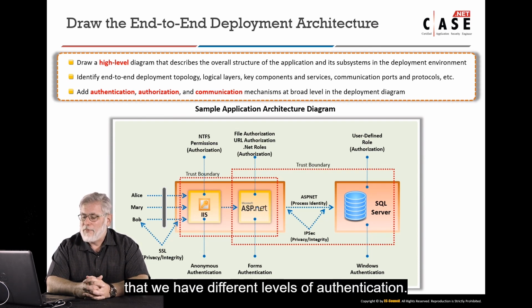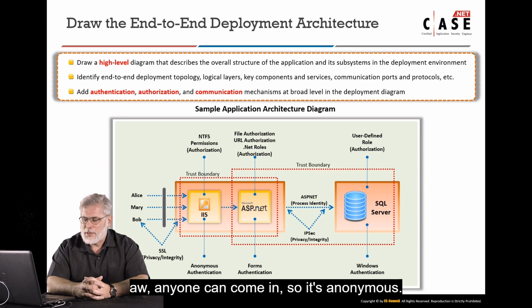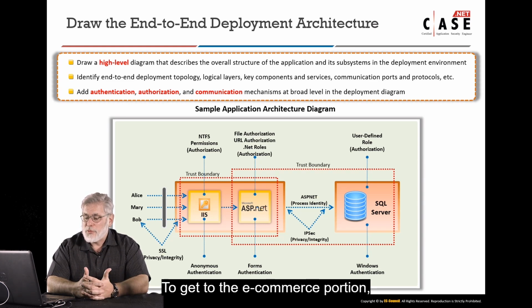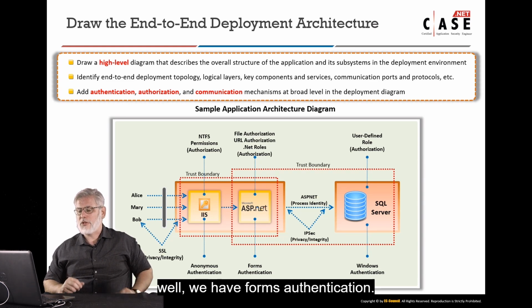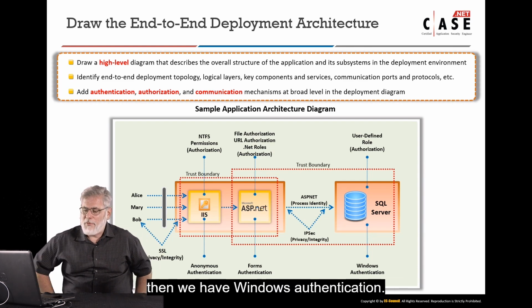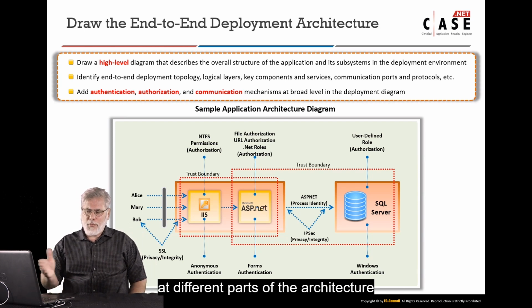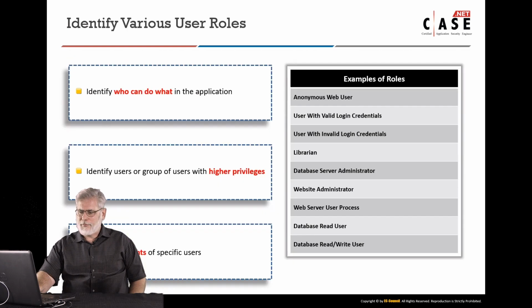And you can see that we have different levels of authentication. To simply get to the web page, anyone can come in, so it's anonymous. To get to the e-commerce portion, we have forms authentication. For that portion to in turn talk to the database, then we have Windows authentication. So we have different levels of authentication at different parts of the architecture, based again on threat modeling.